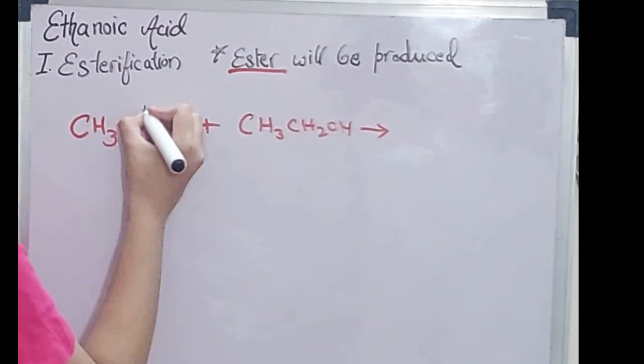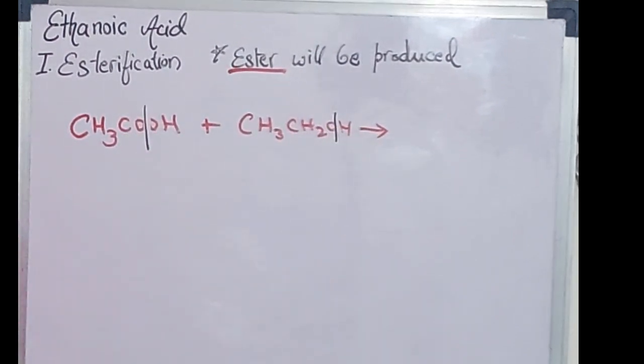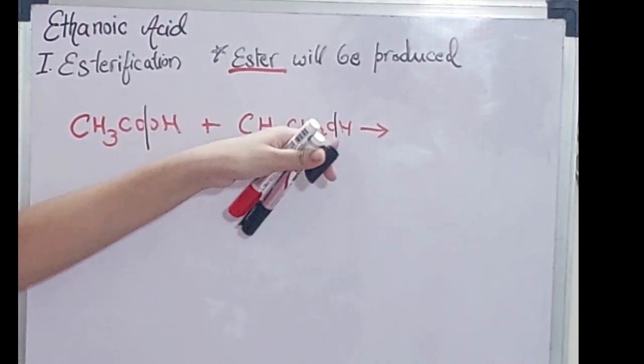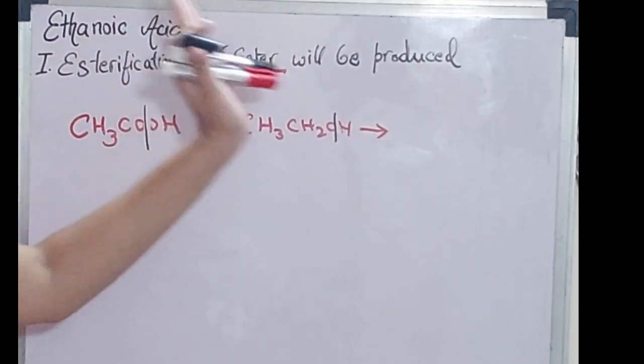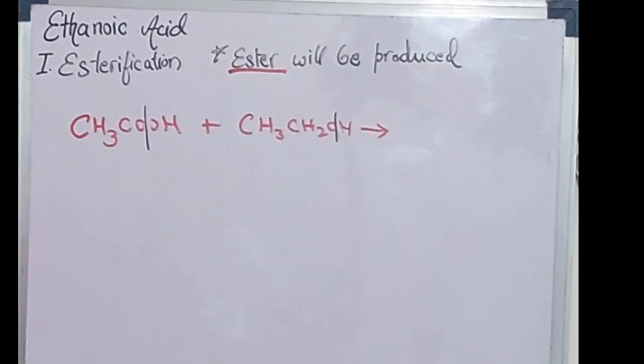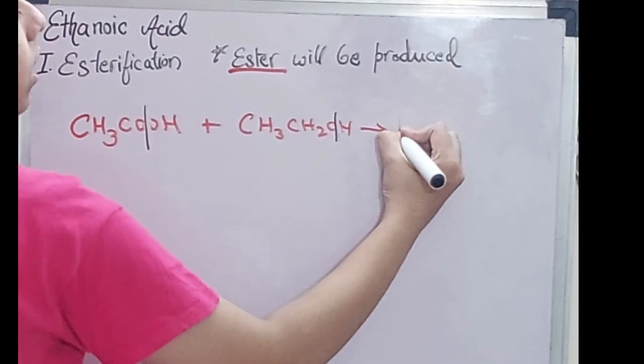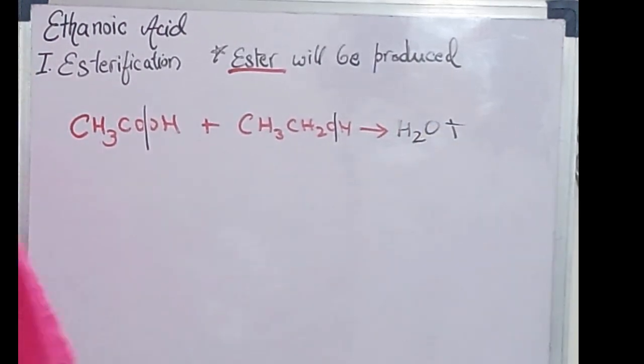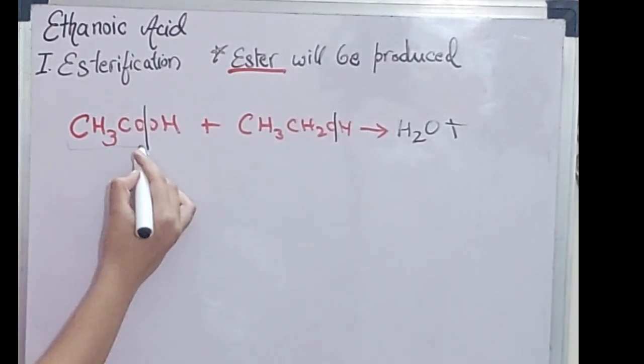Yeah, it is like that only. From CH3COOH, the OH is removed, and from CH3CH2OH, the H is removed. So these two together form H2O plus ester.